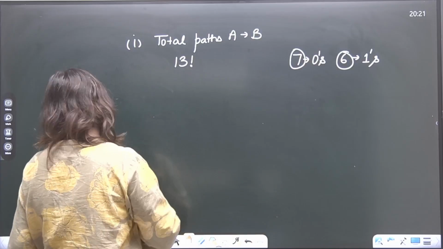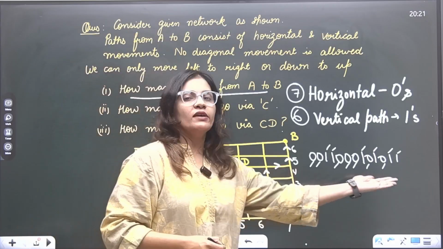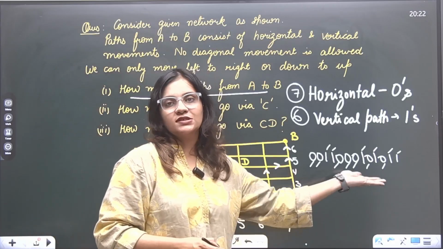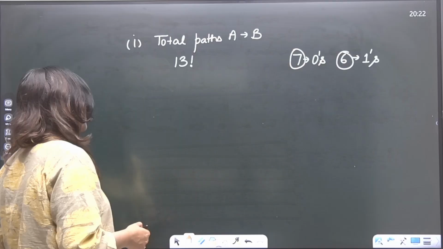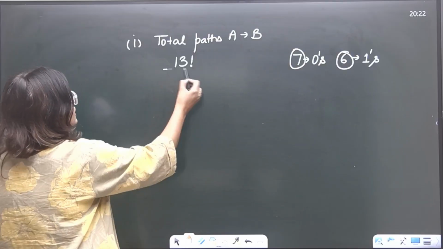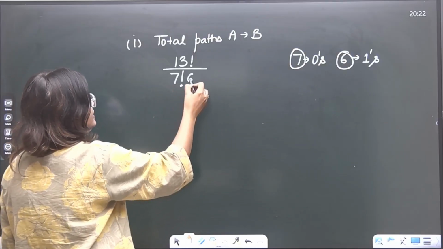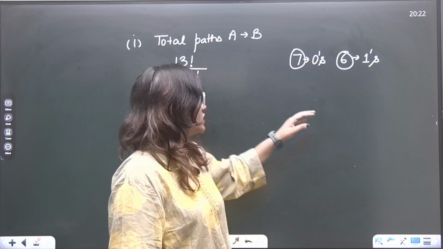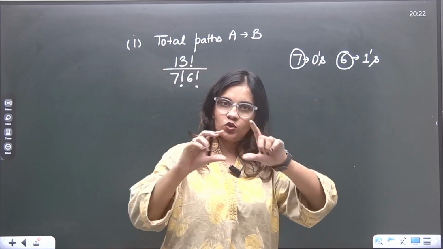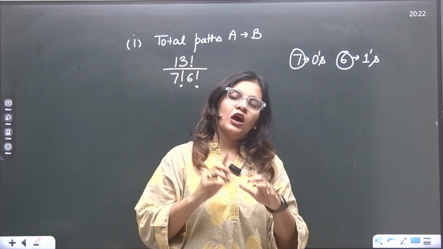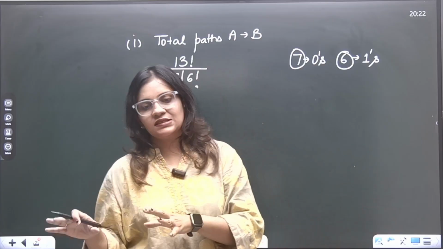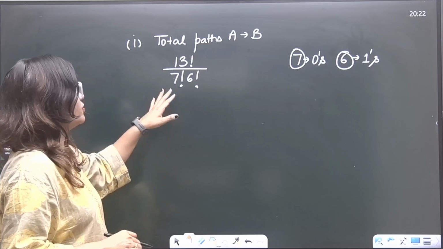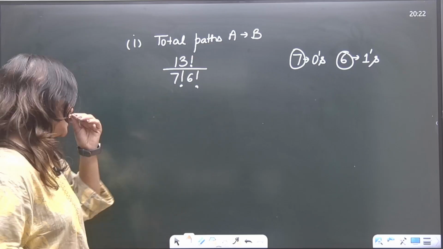In how many ways can I arrange 0 and 1? So these are total 13. So 13 factorial divided by 7 factorial and 6 factorial, as 7 are alike and 6 are alike. This is how we arrange alike objects, right? So there are 13 numbers which we need to arrange in a line, out of which 7 are the same and 6 are the same. So this is the total number of paths possible from A to B, right?